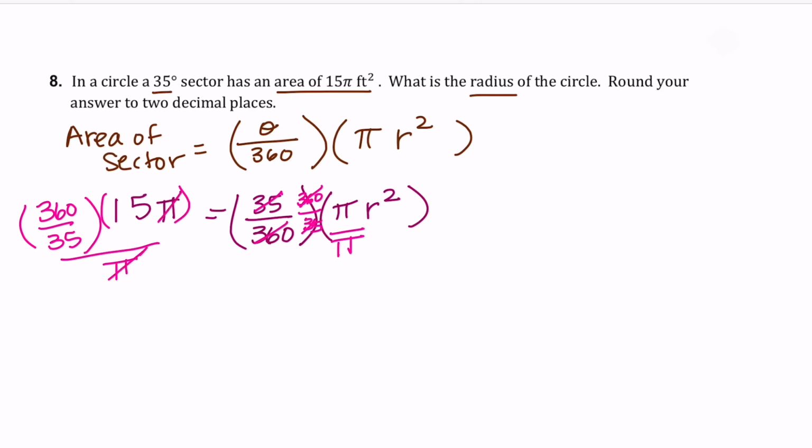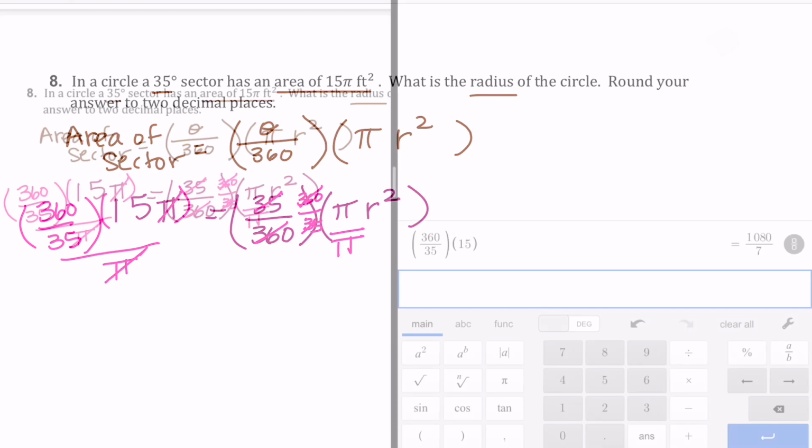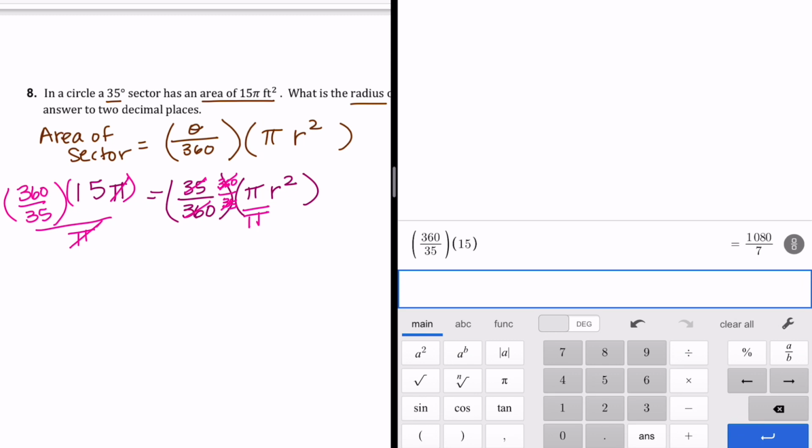And the pi's will cancel here. Now when I put that in my calculator, I just put 360 over 35 times 15. The pi's were gone. And I get, as a fraction, 1080 over 7. And everything on the other side cancels except for the r squared.